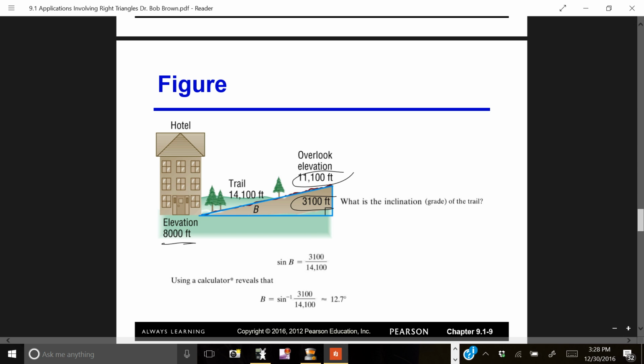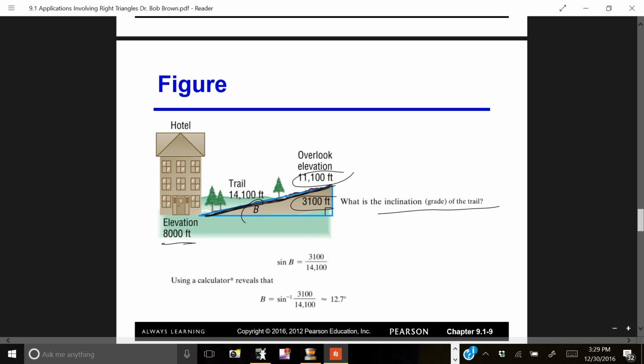So drawing a triangle in which the hypotenuse is the top of the hill, or as you walk up, we want to find out what the inclination or the steepness of the grade is in degrees.